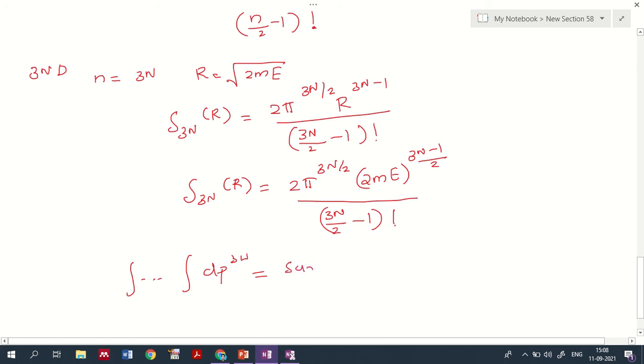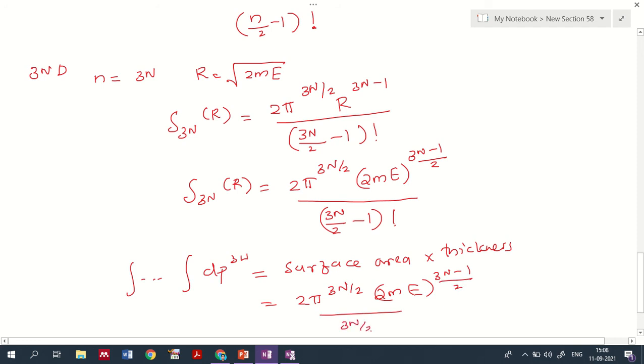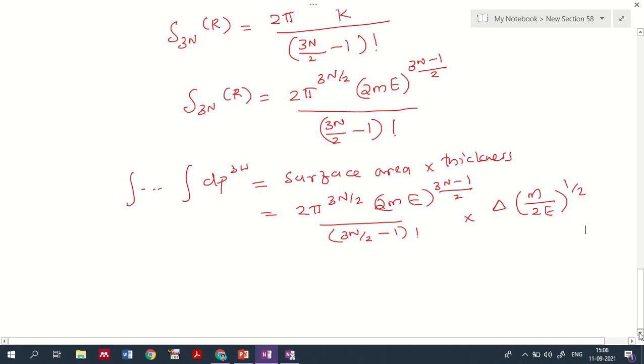We already got the surface area, that is 2 pi 3N by 2, 2me raised to 3N minus 1 divided by 2, divided by 3N by 2 minus 1 factorial, into the thickness value, which we already identified: delta into m by 2e raised to 1 by 2. So this will be your volume of the momentum space.